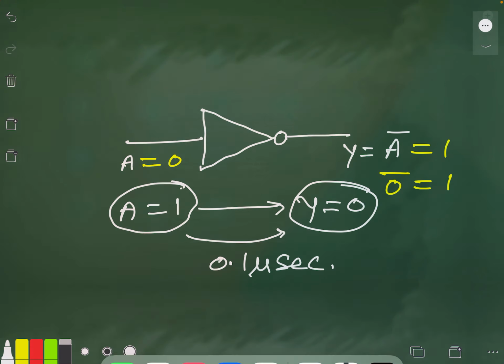The first delay is when the logic circuit output changes from 1 to 0. When the output changes from 1 to 0, the time is small, because the signal changing from 1 to 0 is a rather faster thing as compared to 0 to 1.